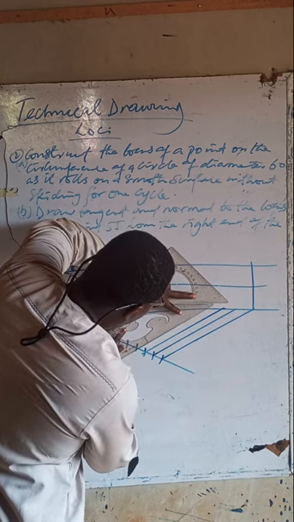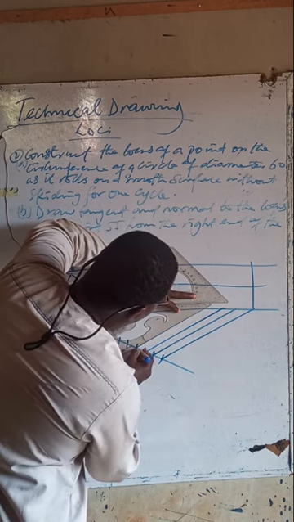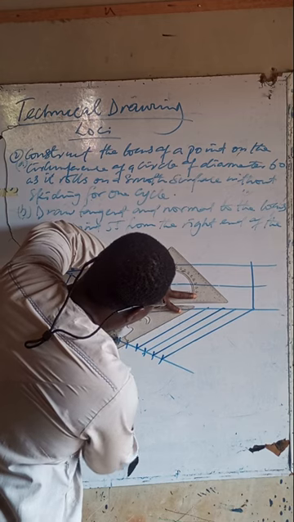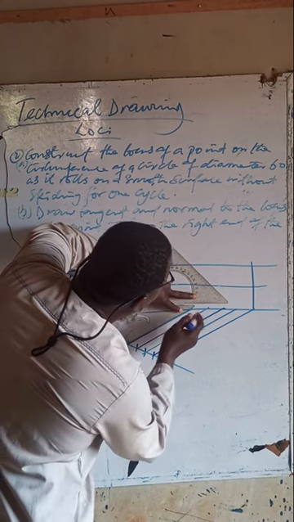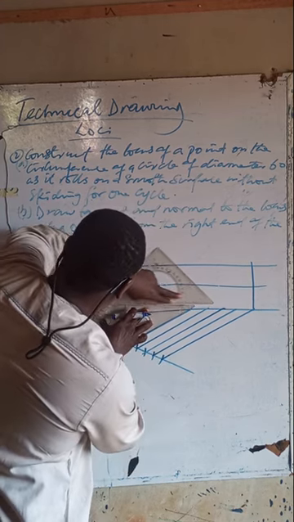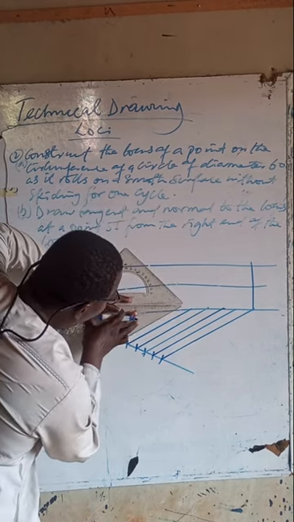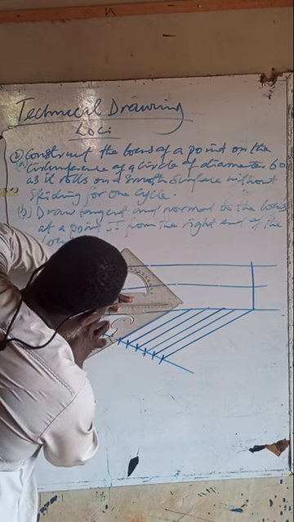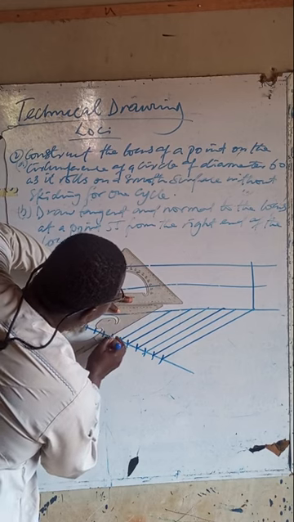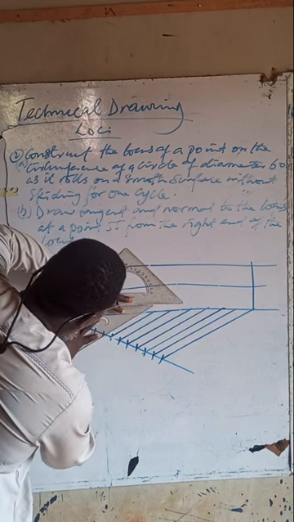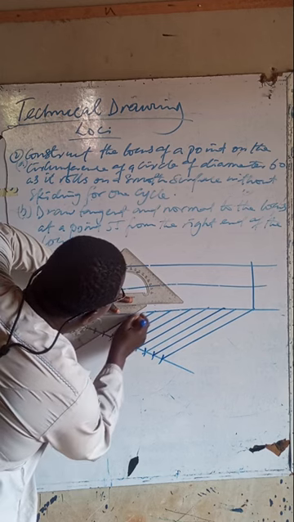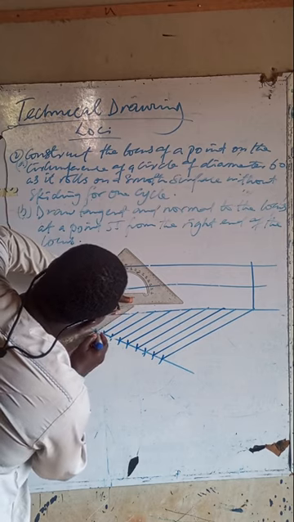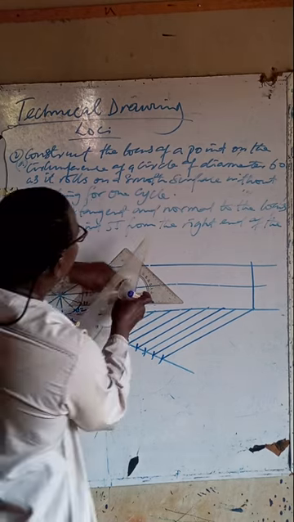You need to transfer everything like this, until you're able to transfer all the points. That's how you continue.